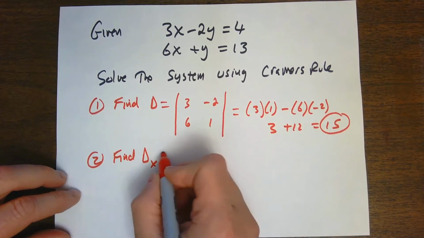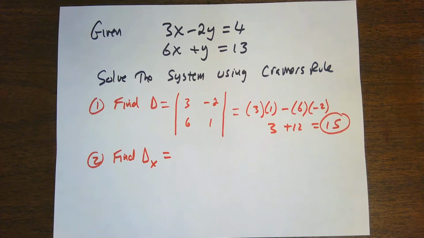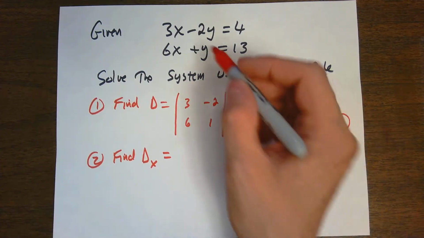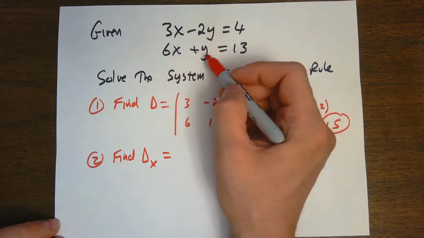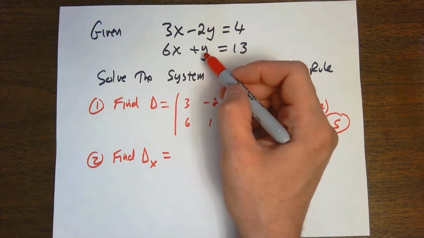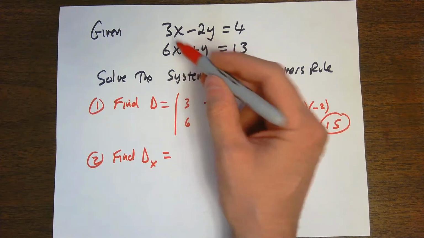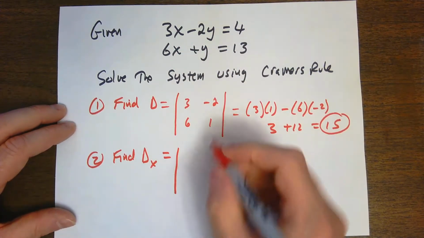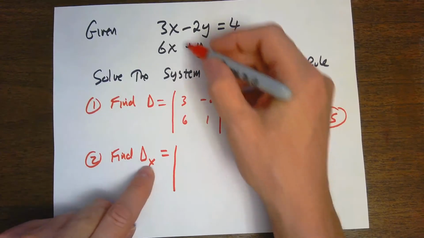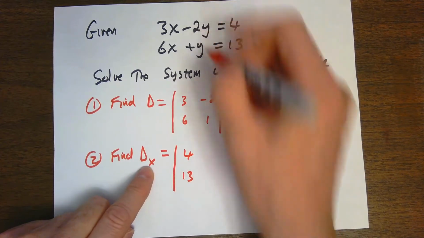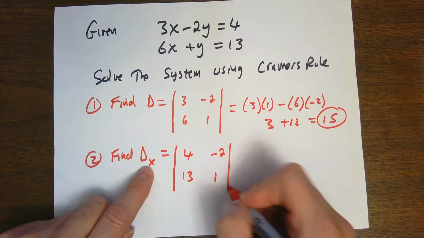The determinant of the X matrix has the same values, 3 and 6, -2 and 1, but instead of the coefficients of the x, I'm going to put in the constants. So I'm going to take the x's out, and I'm going to put in 4 and 13, and leave the y's in there, -2 and 1.